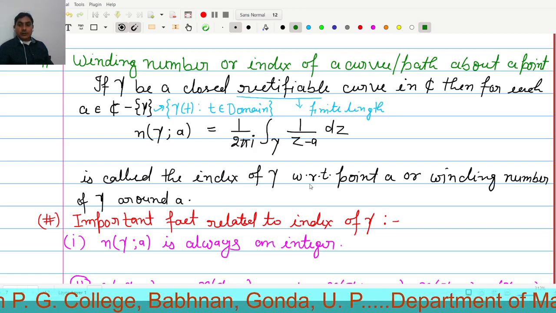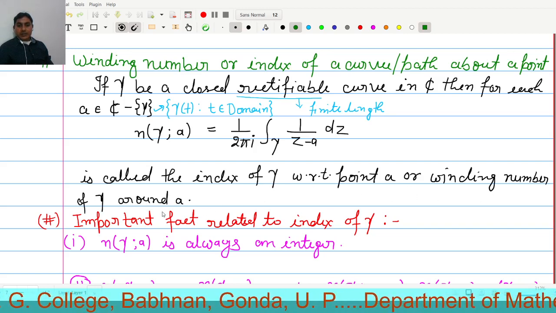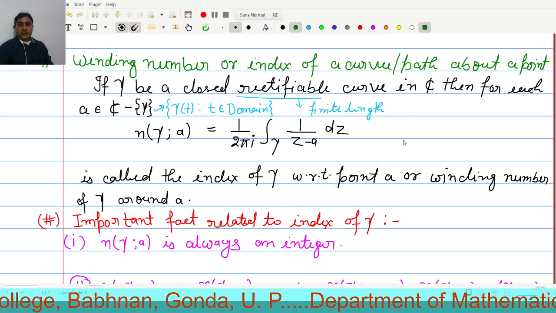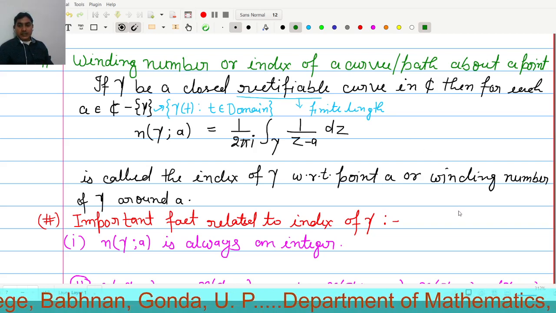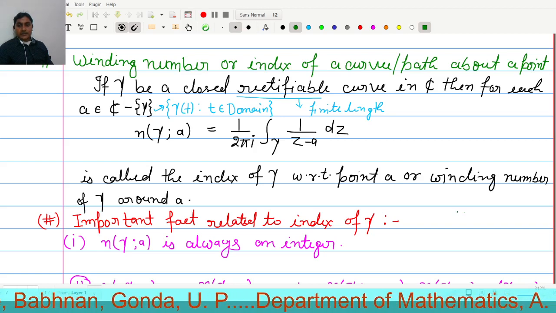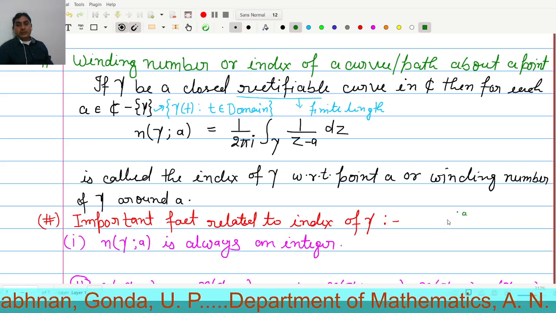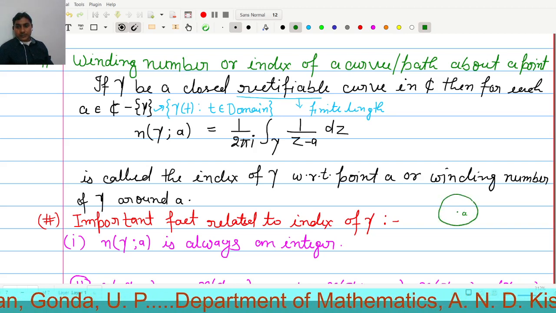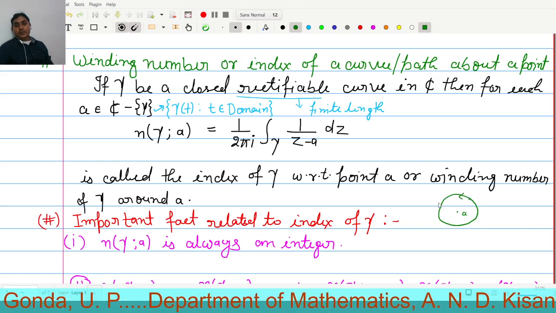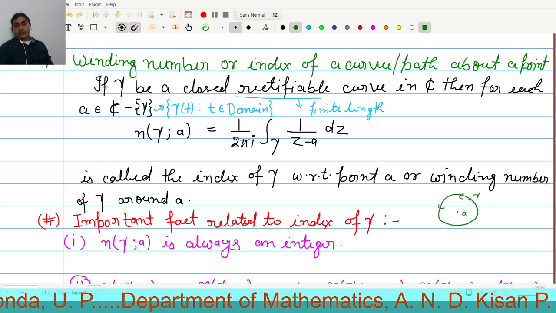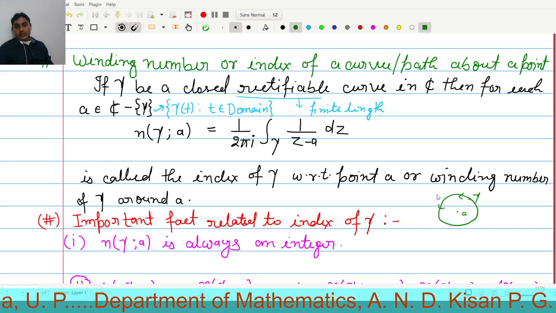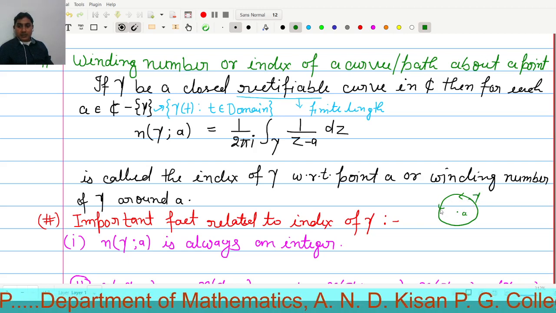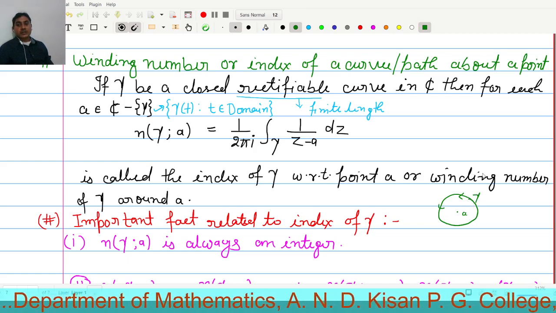It means the winding number is the number of times the curve wraps around the point a. If the orientation of gamma is in this direction, then the number of times gamma wraps this point is known as the winding number.